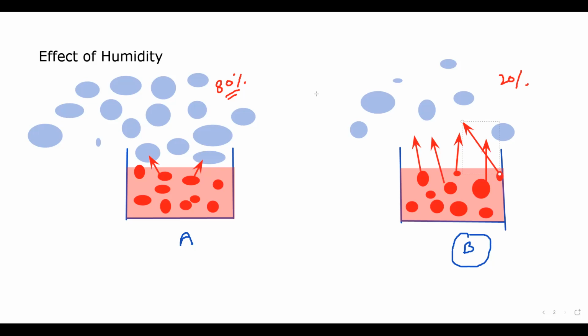That is why, for example, if you try to dry a wet cloth in a coastal area, it will take longer compared to a region which is completely dry. So the rate of evaporation decreases if the humidity increases.